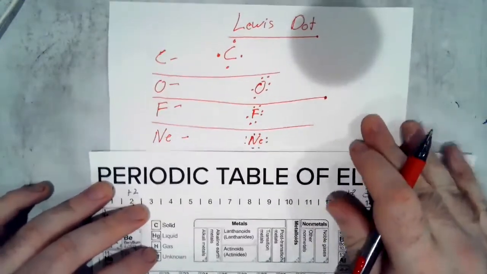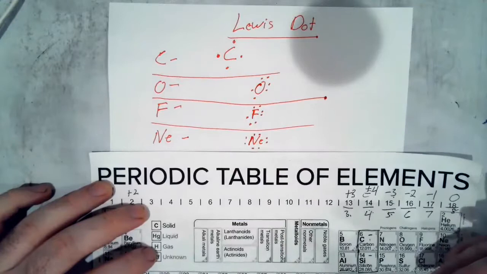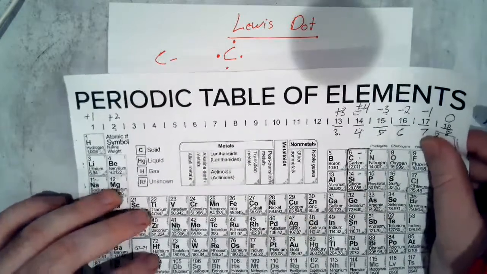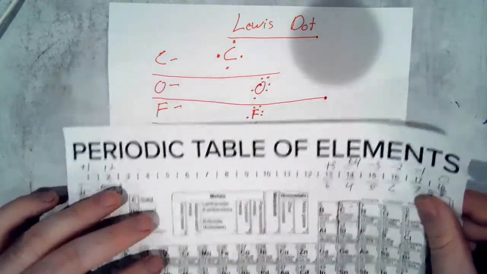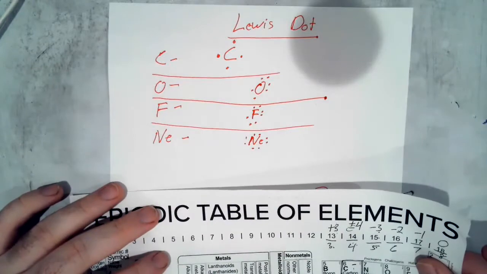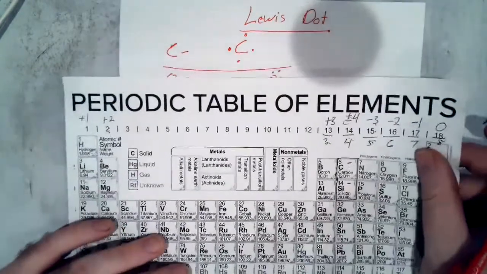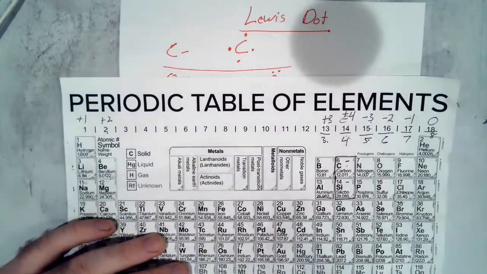So essentially, the dots represent how many valence electrons are present, and that's it. So if I asked you how many dots are on carbon, you would say 4. How many dots are on oxygen, you would say 6, and so on and so forth. So it's quite an easy way of depicting valence electrons.